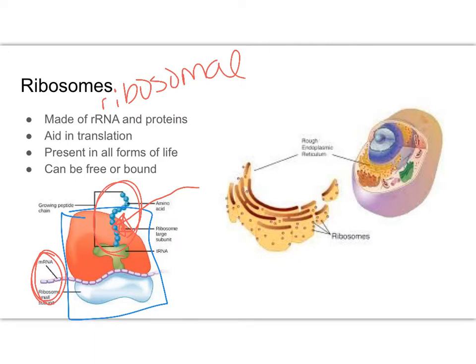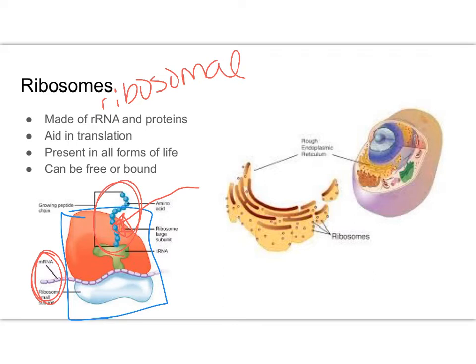Okay? We're not going to talk about evolution until a few units from now, but we will be mentioning it as we move throughout. Seeing these ribosomes in both prokaryotes and eukaryotes is giving support to common ancestry, okay? And support to our evolution concepts.